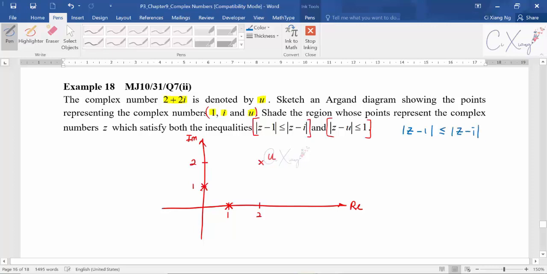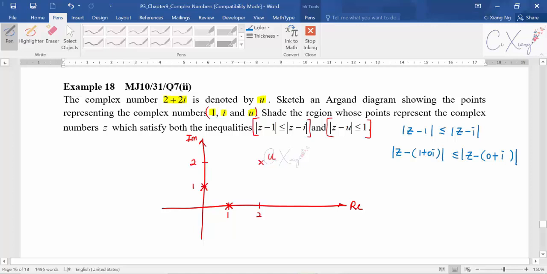Again, I need to adjust it to the form modulus of z minus a complex number, smaller than or equal to modulus of z minus a complex number. For this part, I have 1 plus 0i, and for this part, I have 0 plus 1i, right? This is the adjustment that I'm doing.